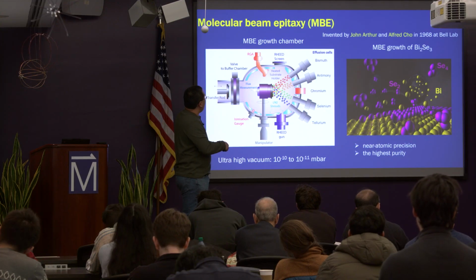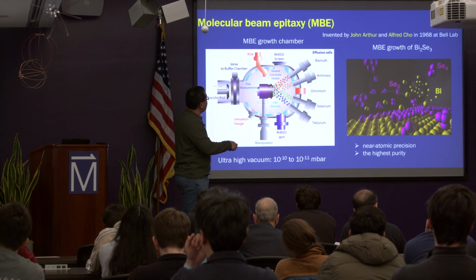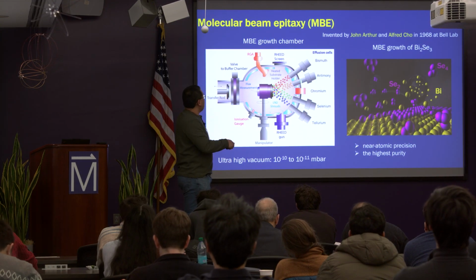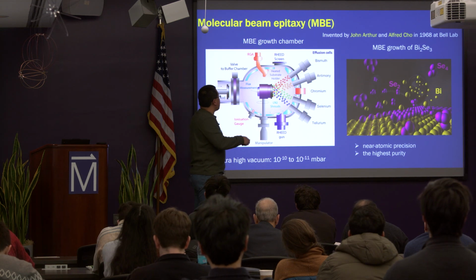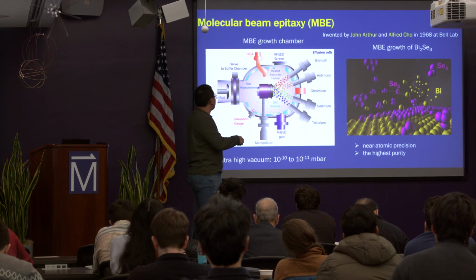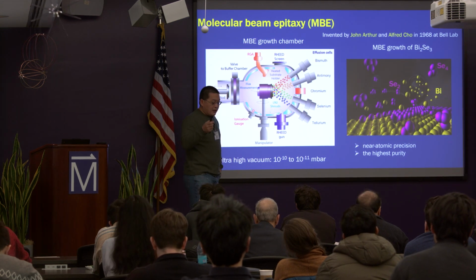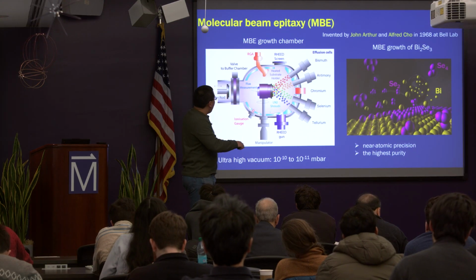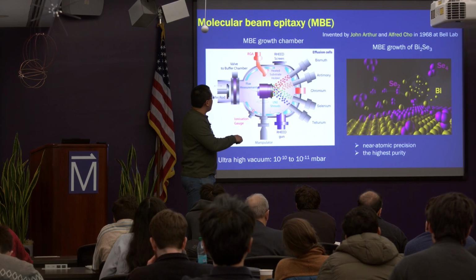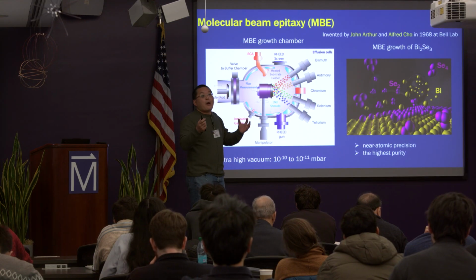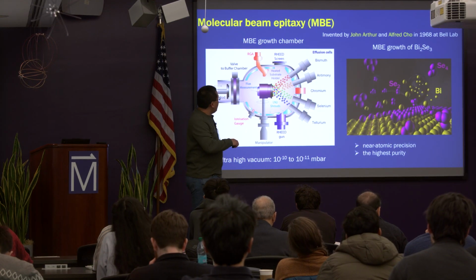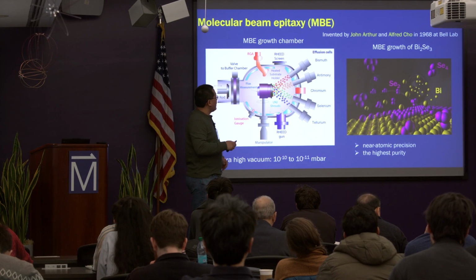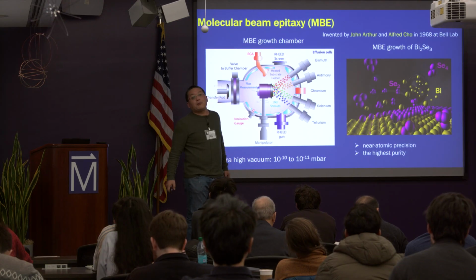We usually put the sample here, and we have different sources. We heat these sources to evaporate them to get thin film heterostructures and superlattices. Because the MBE chamber is in really high vacuum, the films and samples we grow here usually have really high purity.